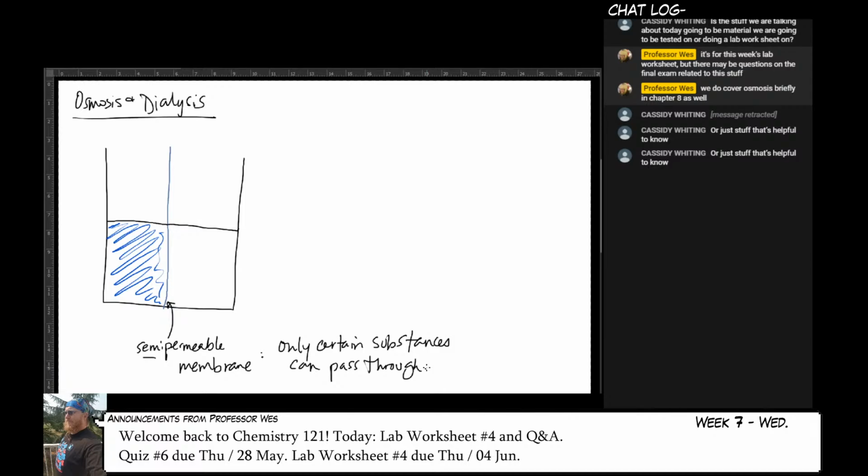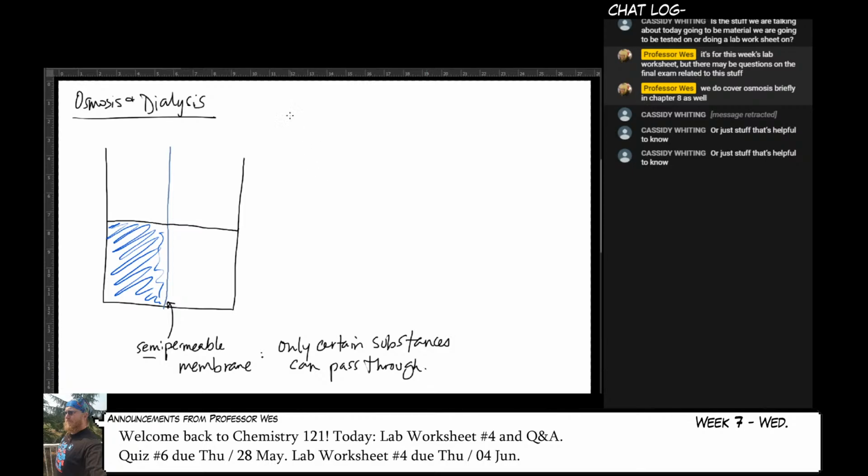So, for example, we have several synthetic substances. We're going to use one in the video that you'll watch called a dialysis bag. And it allows specific objects to go through as long as they are under a certain size. If they're too big, like the molecules are too big, the molar mass is too high, then they can't pass through. But if they're small enough, they can pass through.